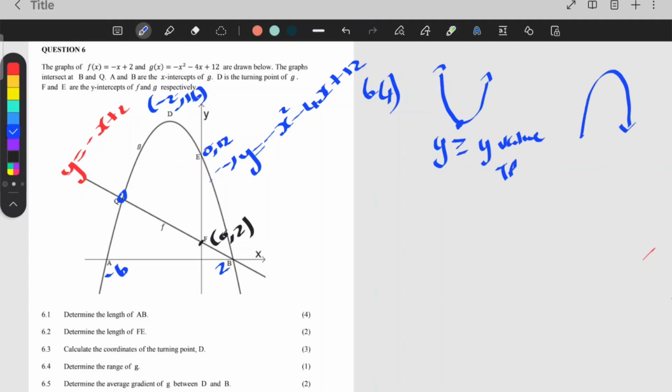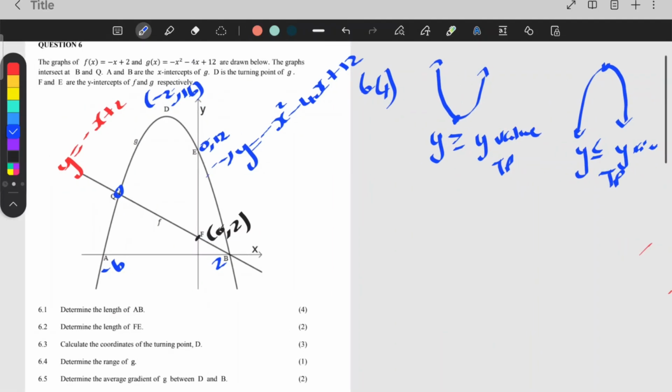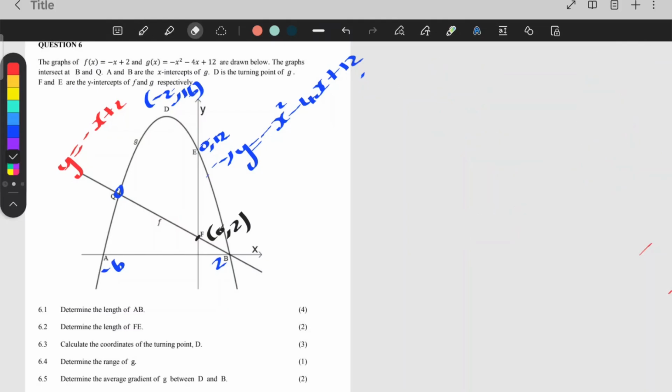And if you have a sad face parabola, the range is y is less than or equal to the y value of the turning point. So we have a sad face parabola, and our turning point is negative 2 and 16. We need the y value. So therefore, our range is y is less than or equal to 16, because that is the y value of the turning point. 1 mark for that question.